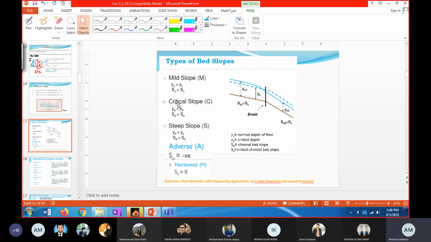Then the criteria for critical slope is y naught equal to yc, S naught equal to SC. Steep slope is when y naught is less than yc and S naught is greater than SC. Adverse slope is when S naught is negative, and horizontal slope is when S naught is 0. So these are the criteria used to classify the bed slopes of the river channel or river reach.